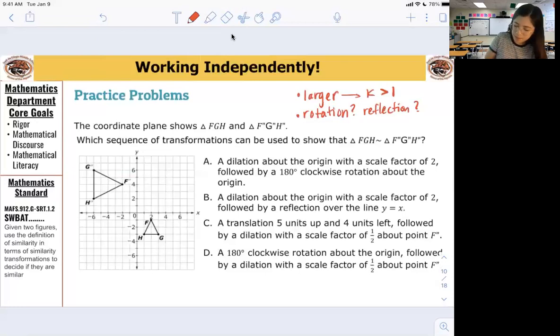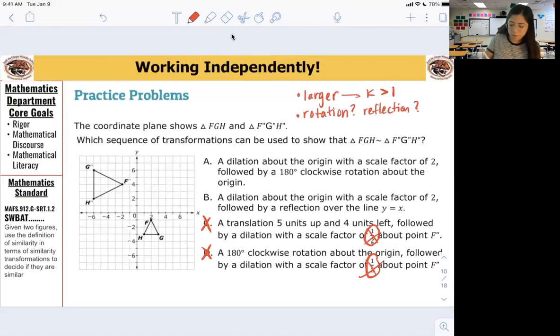C and D. Right, because they're telling me that the scale factor is 1/2, but I know it's got to be greater than 1. And then from there, now we got to think about what exactly is happening, what type of other transformation. Is it a rotation or is it a reflection? So let's think about it.